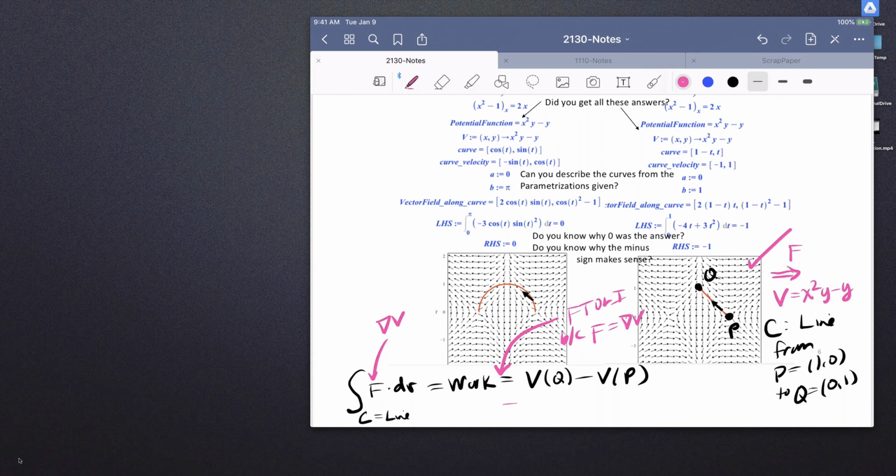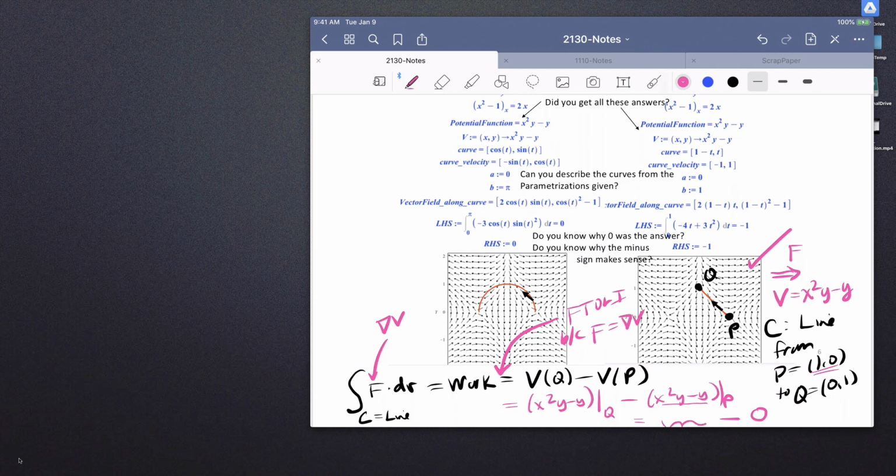Okay, so if we evaluate our potential function at Q minus the potential function at P, at P, x is equal to 1, y is equal to 0, so you'll get minus 0.